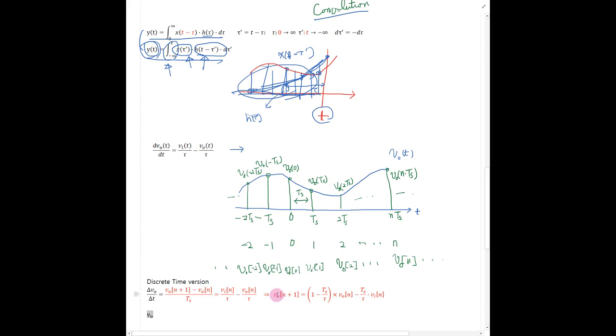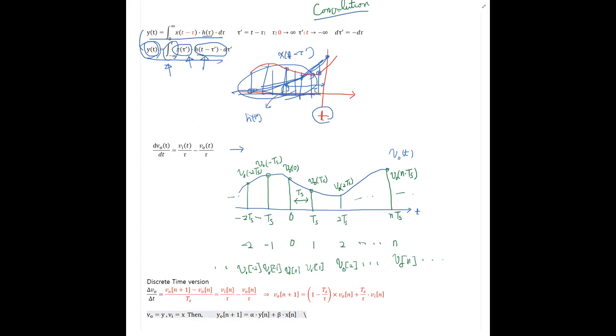Since vo is the output side, I would like to replace vo with y. Then y[n+1] equals alpha times y[n] plus, this should be positive, sorry, beta times x[n], where vo is replaced by y and vi is replaced by x.